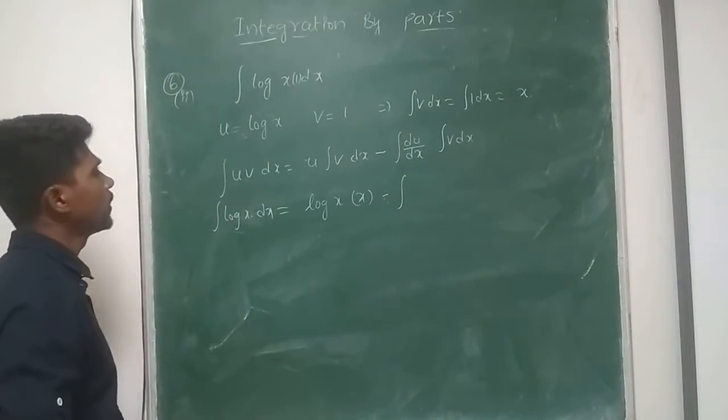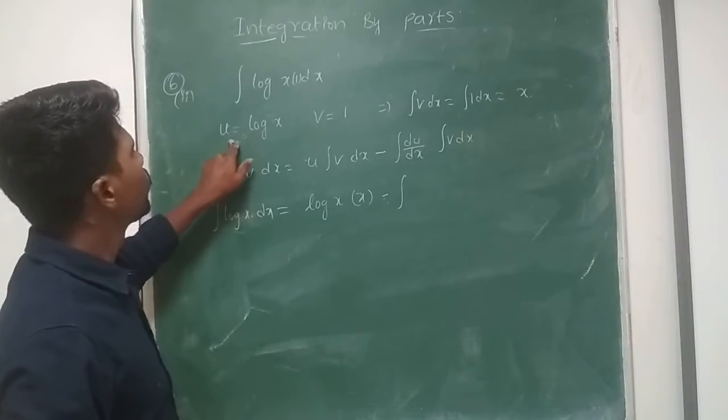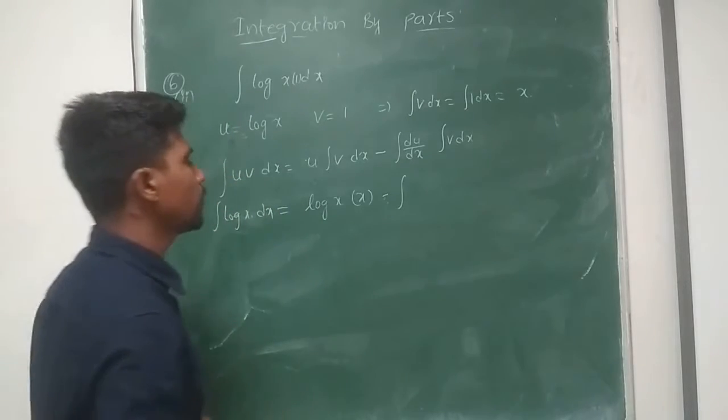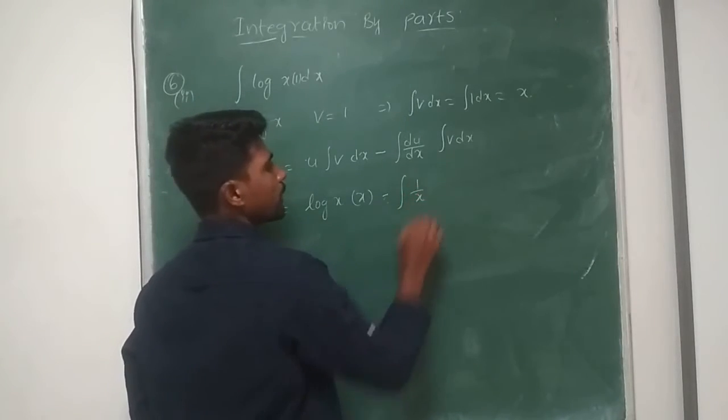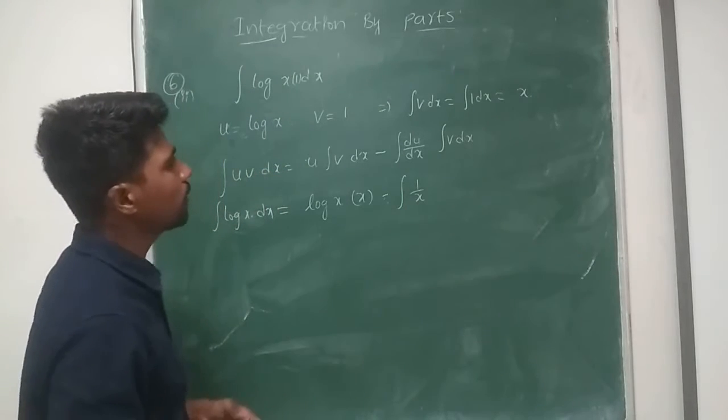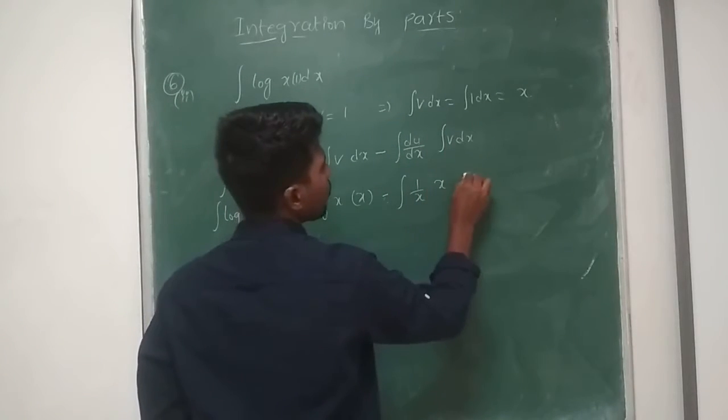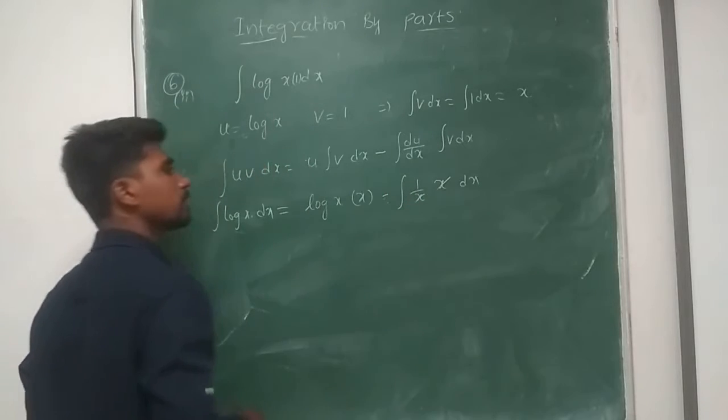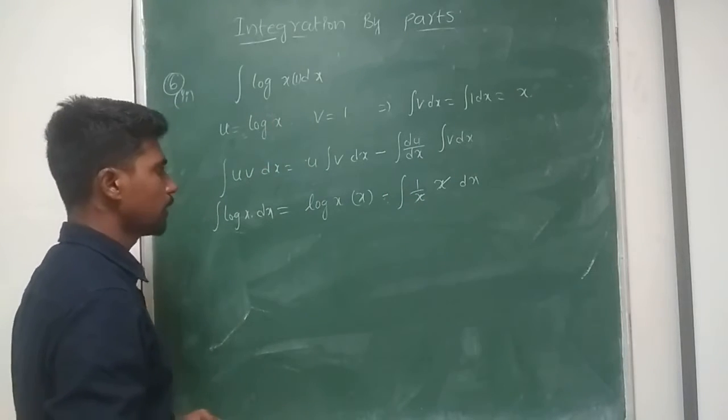What is du by dx here? u is log x, the derivative is 1 by x, into integral v dx, which is x dx. So x gets cancelled. I have integral 1 dx, which is x.